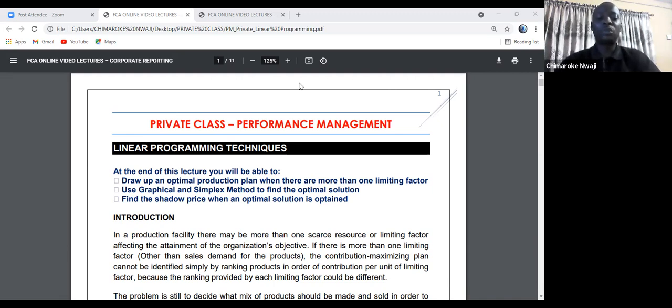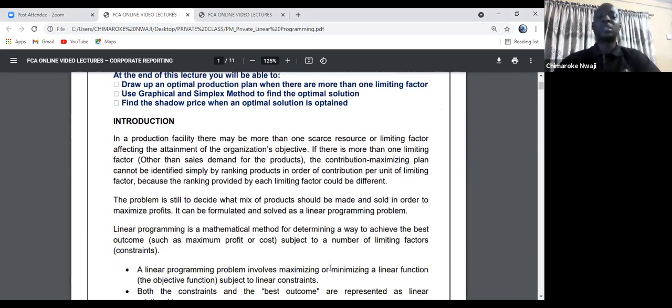Then we have to use something to find it. And so the problem is we need to decide what mix of products, or product mix, should be made or sold in order to maximize profits. So the technique that will be used for that purpose is the linear programming model.